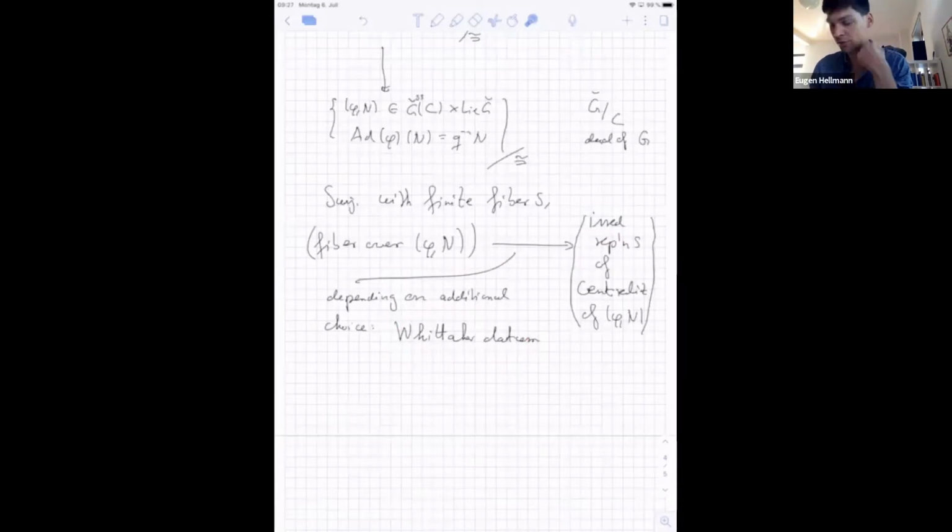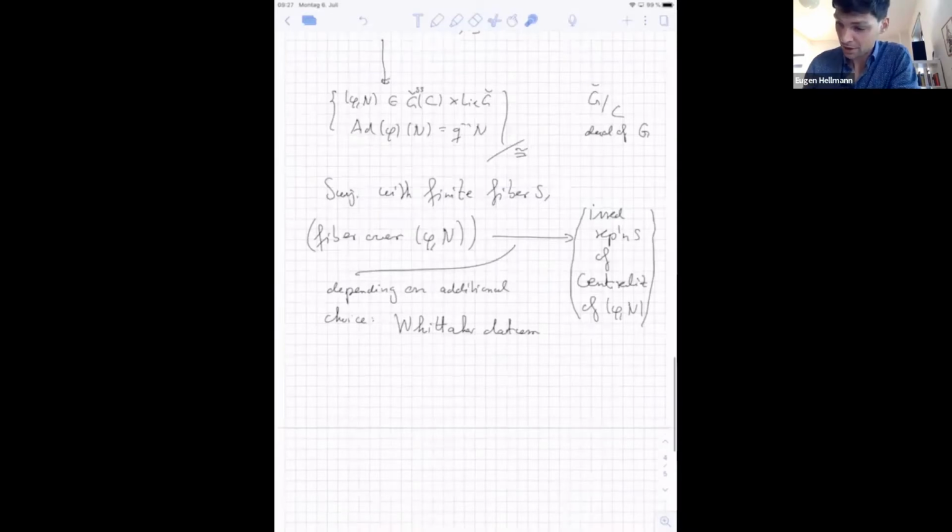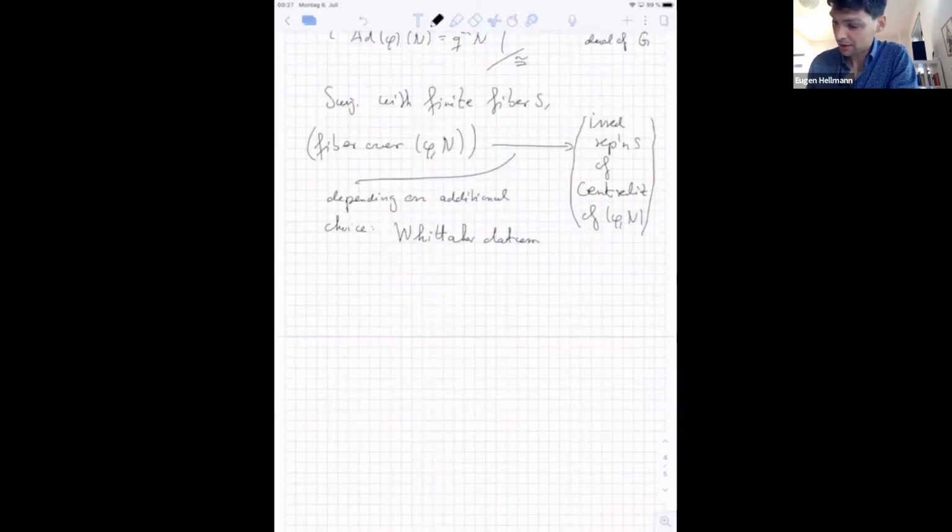It also occurs for GLN, but only very implicitly, because in the case of GLN, this choice is actually unique. You don't have any choice. Okay, but for more general groups, it in fact does play a role.